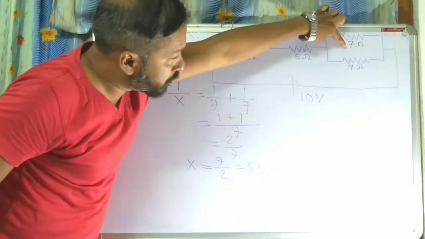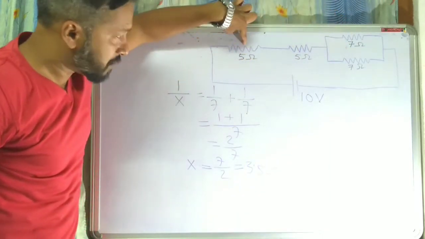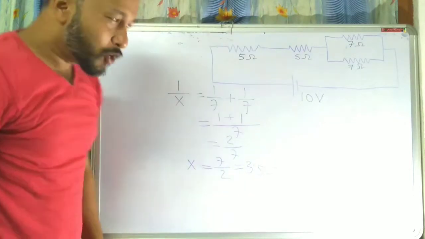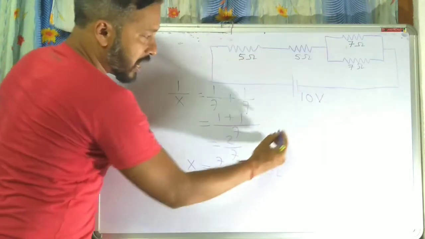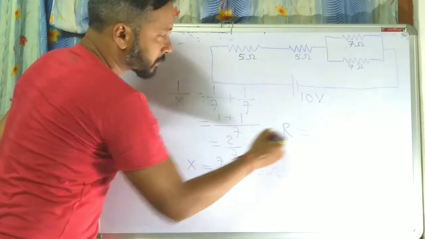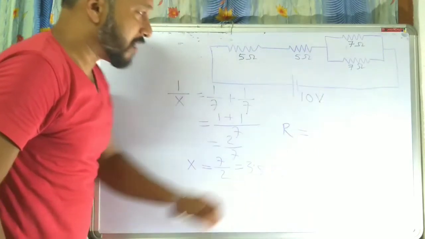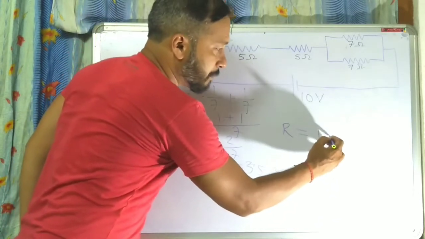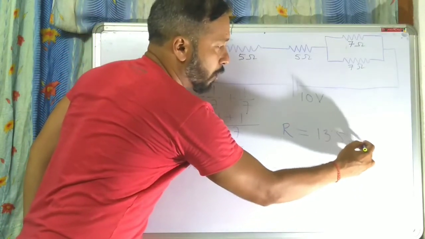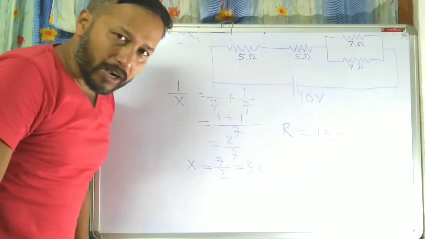This 3.5, 5 and 5 are in series. So what is the total resistance? R equal to 5 plus 5, 10, plus 3.5, that is 13.5 ohm. This is the total resistance.